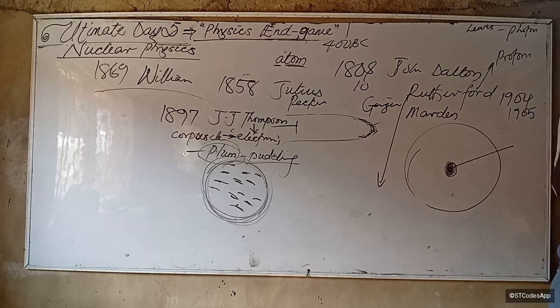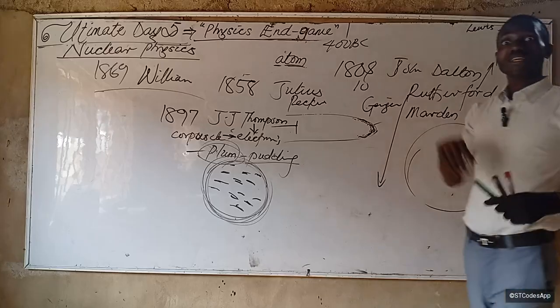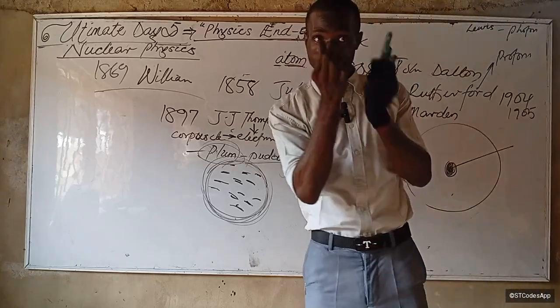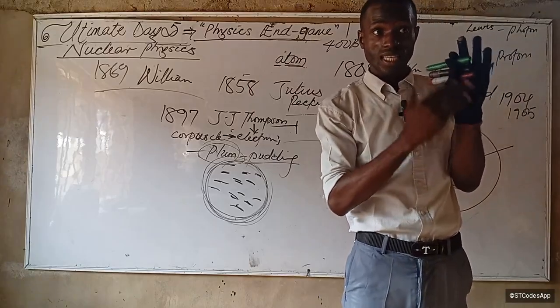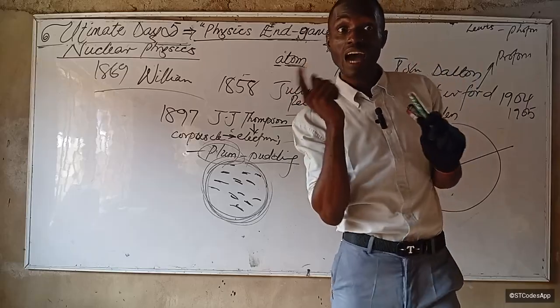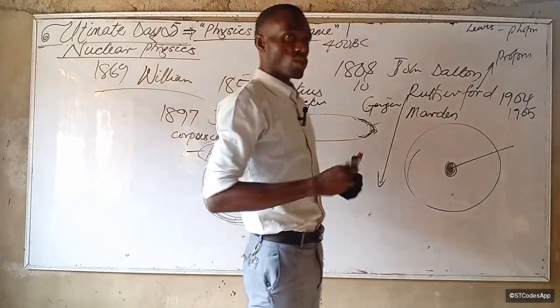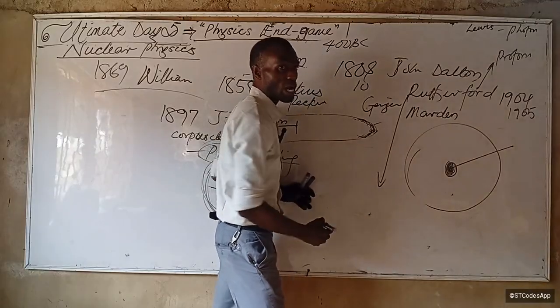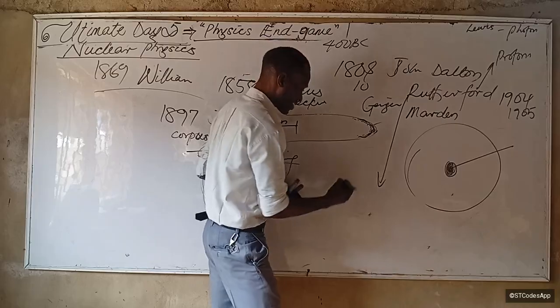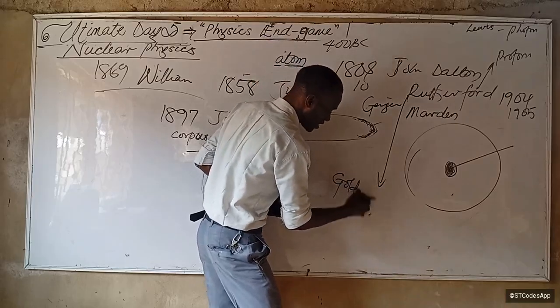Geiger then said, sir, how about we bombard a gold foil, a very thin, almost planar gold foil, with alpha particles? So, gold foil bombardment.